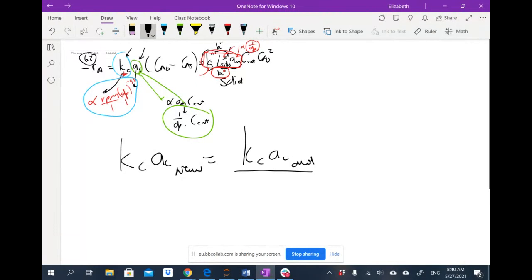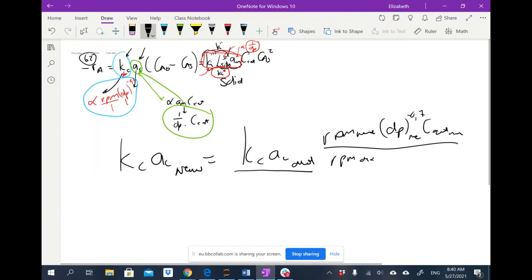And now I multiply it by RPM new, dP to the power of minus 0.7 new, CCAT new, divided by RPM old, dP old to the minus 0.7, CCAT old.